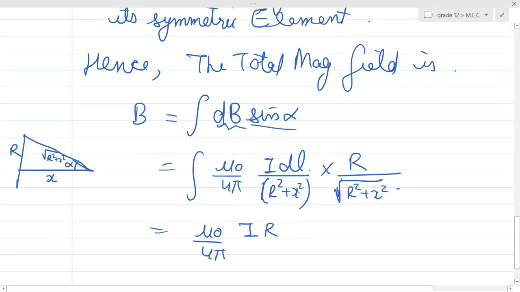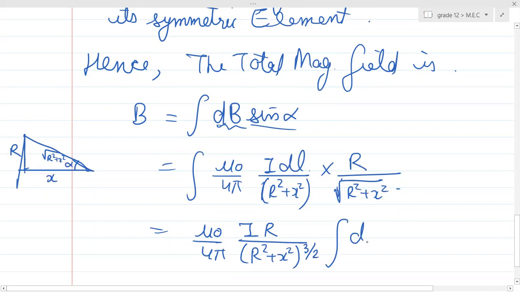But will it be a constant? Because r is a constant, and since you are finding the magnetic field at a fixed distance, even x is constant, right? So here r square plus x square also comes out of the bracket.